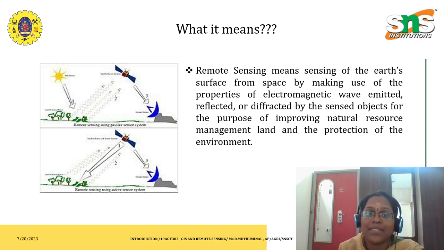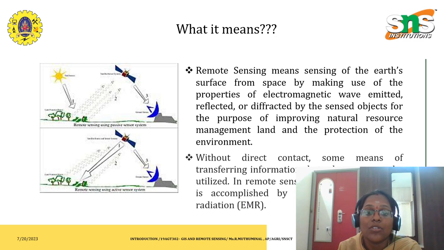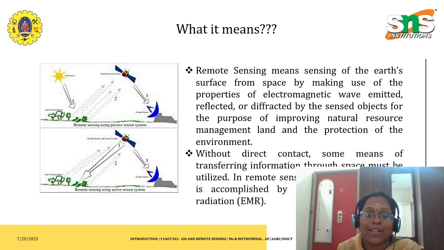Or else sometimes the satellite is capable of creating those electromagnetic waves, and after the emission, the reflected or diffracted data will be sensed and collected from the natural resource. So these are some of the remote sensing concepts. Without direct contact, the transfer of information is only possible through electromagnetic radiation.